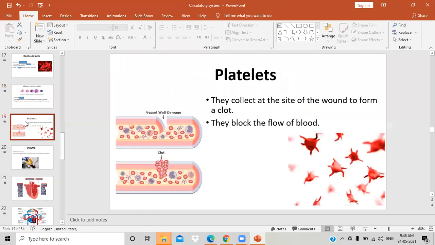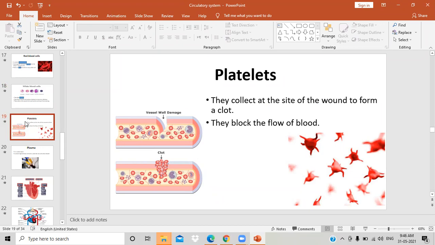And the last thing is the platelets, a very small type of cell that is responsible for making this crust. We call it a clot, the crust that covers any injury that you get.